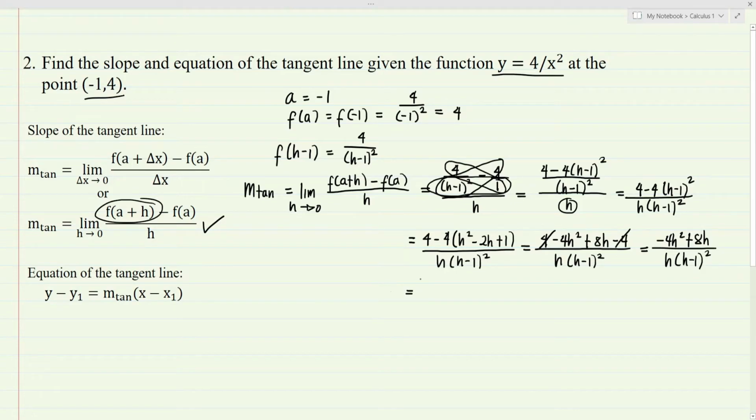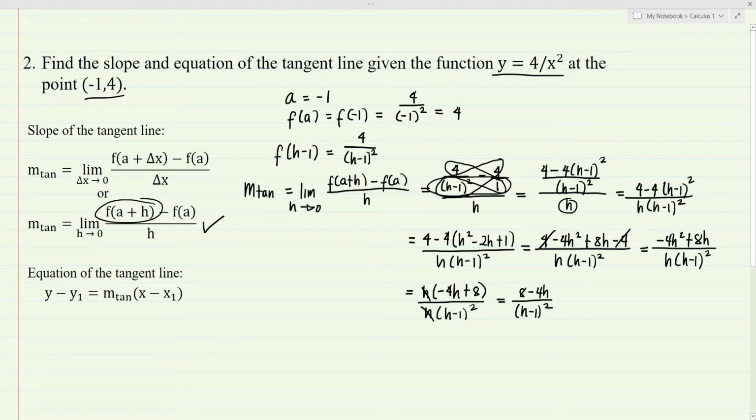Next step, let's factor out h in the numerator so that I can cancel it out with the h in the denominator. I would have h multiplied by negative 4h plus 8, then all over h times h minus 1 squared. So this one cancels out. I am left with the function 8 minus 4h divided by h minus 1 squared.